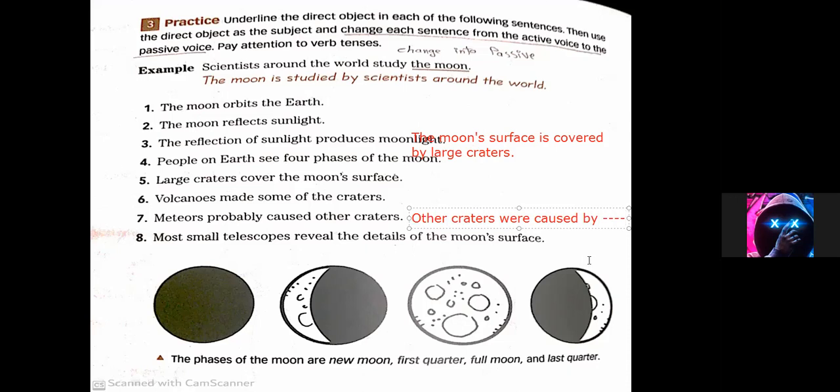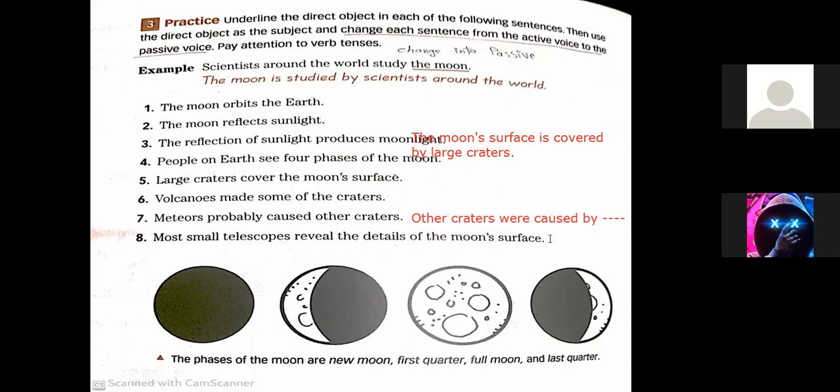Who can answer number eight? Muhammad Ihab. Yes, mister. Number eight. Most small telescopes reveal the details of the moon's surface.